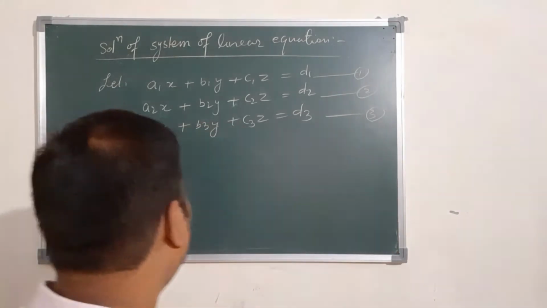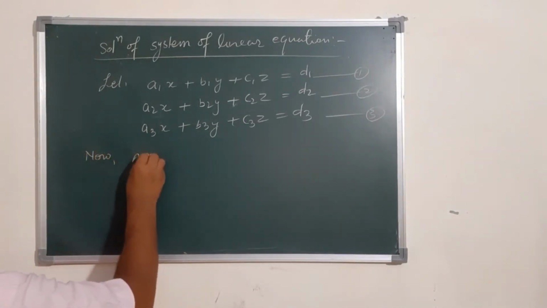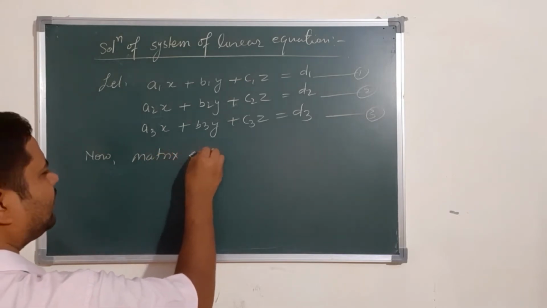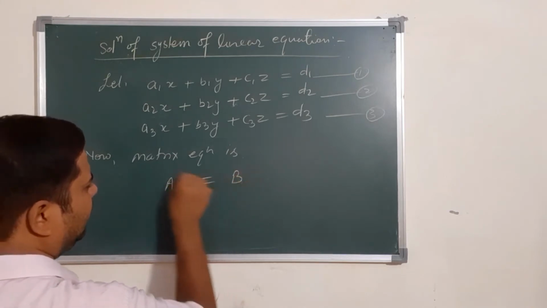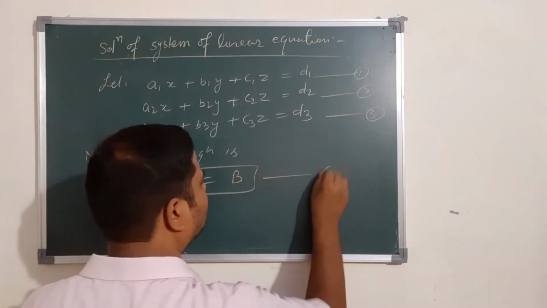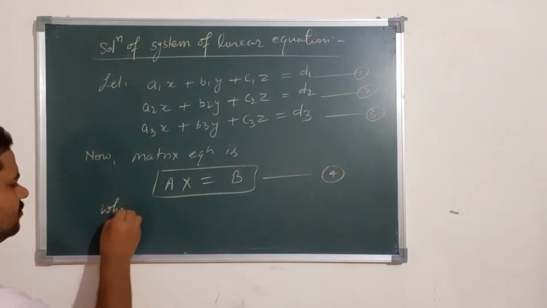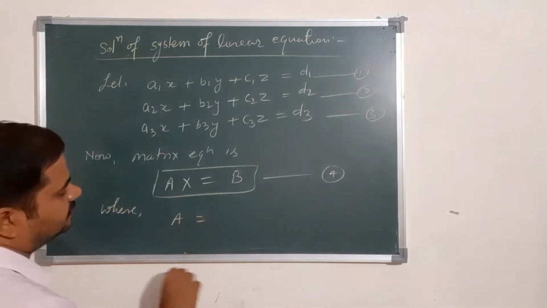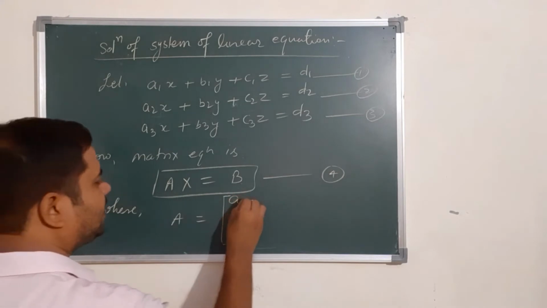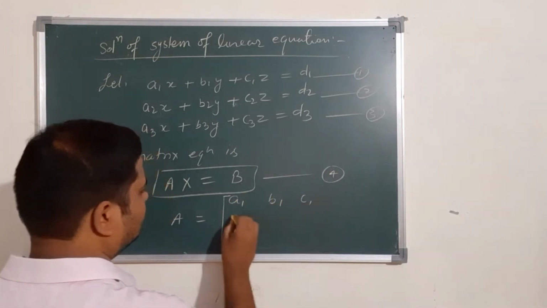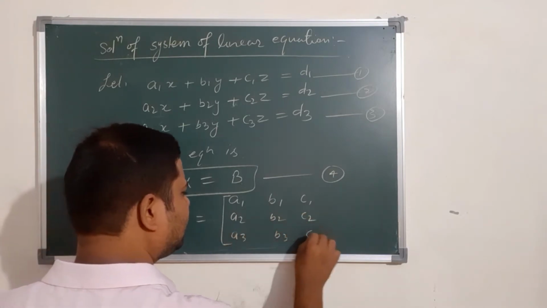So first of all we form the matrix equation, Ax is equal to B, where A is the matrix formed by coefficients of x, y, z: a1, b1, c1, a2, b2, c2, a3, b3, c3.